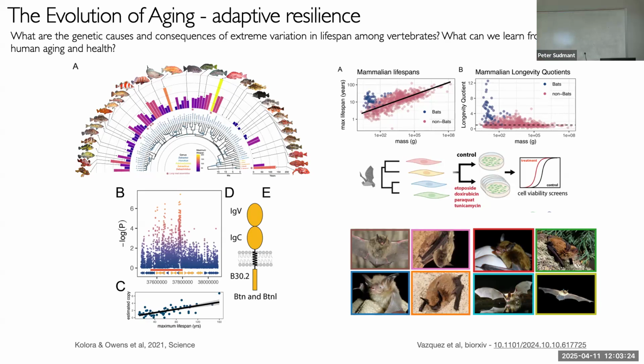This is a lot of mammals, mammals for which we know their lifespans. You can see that there's a very strong straight line, right? So bigger things live longer. Whales live longer than elephants, live longer than people, live longer than horses, dogs, mice, right? But bats, as you can see, kind of kick this trend, which is really cool to see.